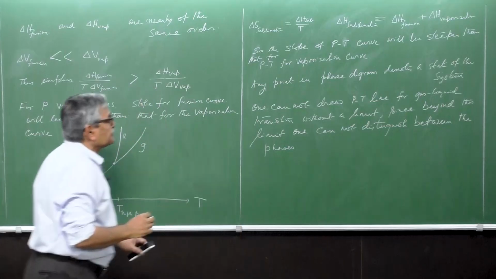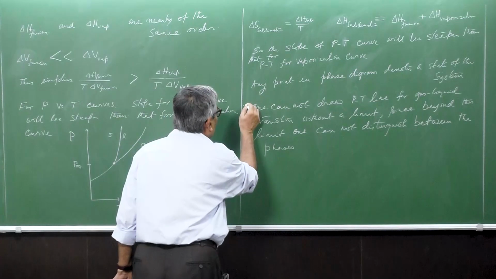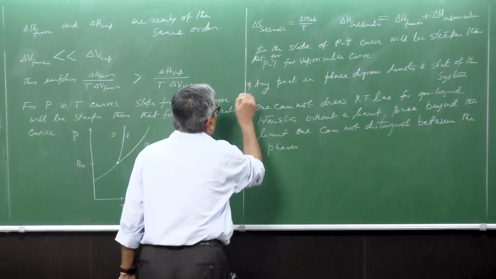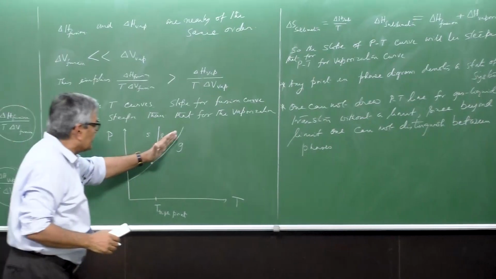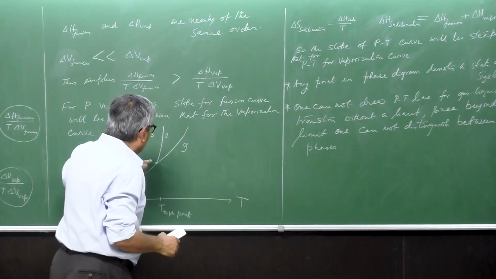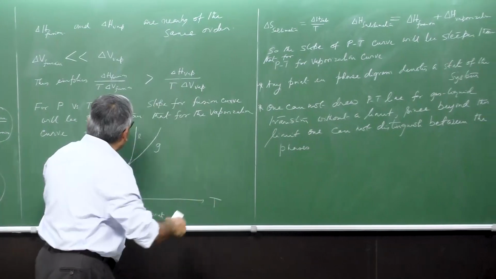So, that has to be kept in mind also. So, these are basically the features of the PT lines, and so you cannot go on extending at very high temperature and very high pressure.